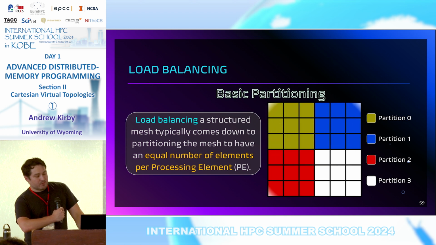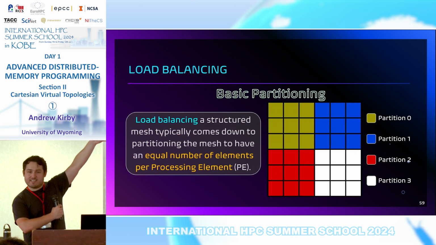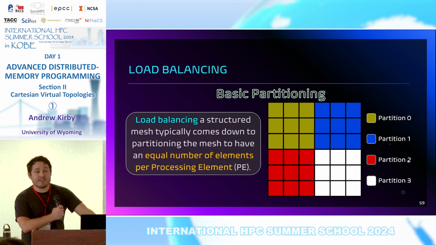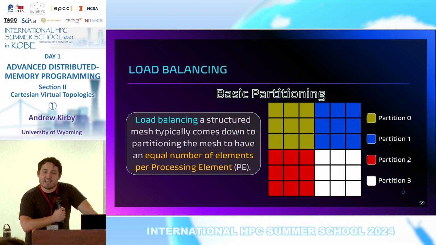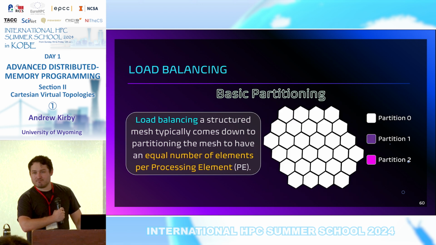So here, if we had 4, this one's pretty easy. We just chop it all up, and then each processing element has 9 pieces of information to work on. Pretty straightforward. How about this one? Same idea.